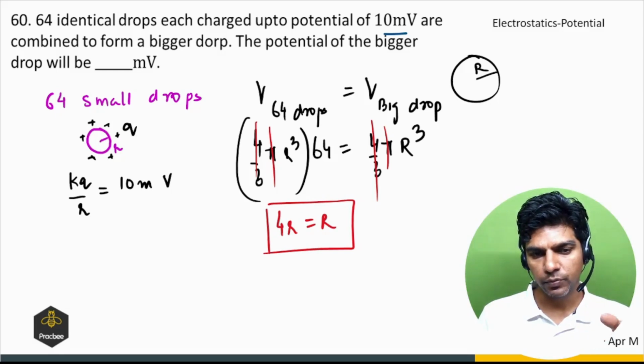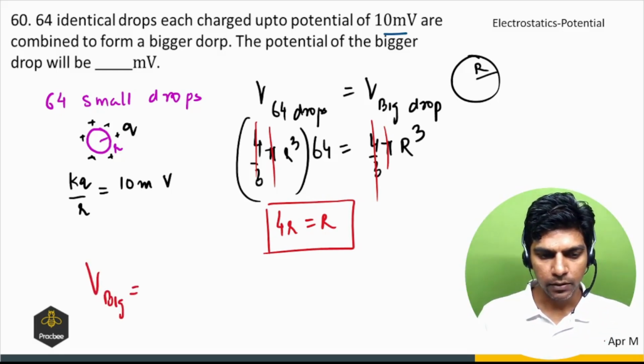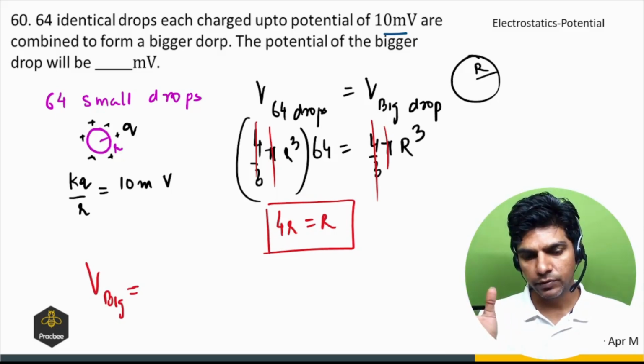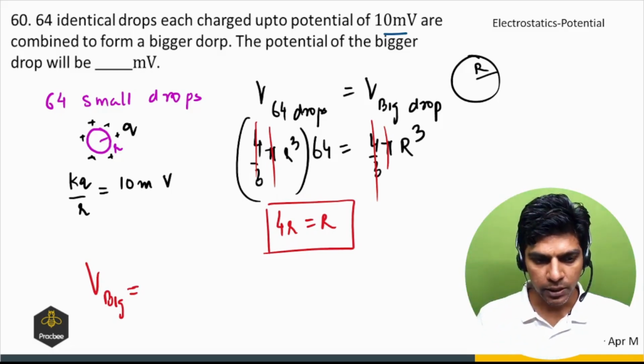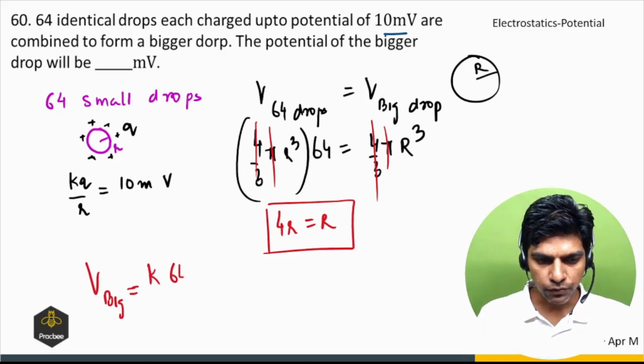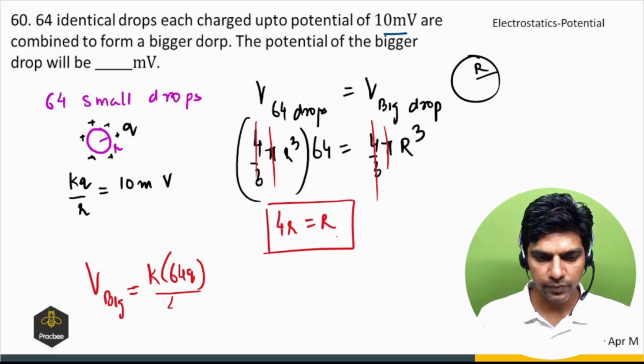Now we have to find the potential of the big drop. So potential of big will be, by the charge conservation, the charge on big drop will be 64 times the charge on one drop. So we can say k times 64q divided by R, and R is 4 times small r, right?